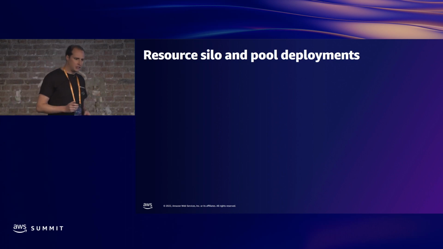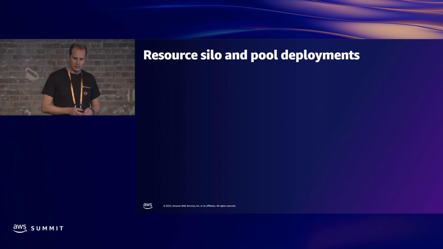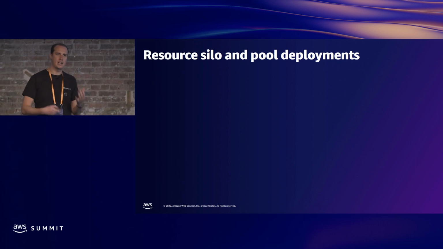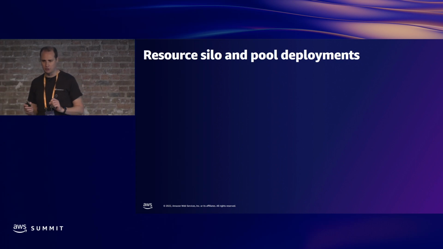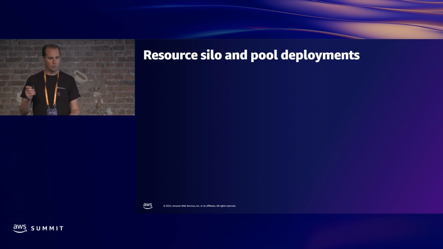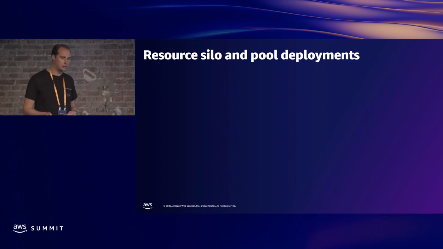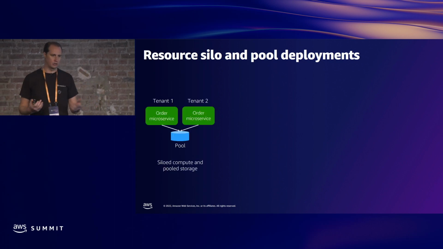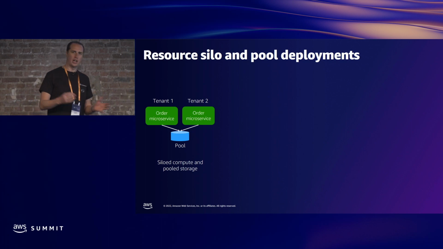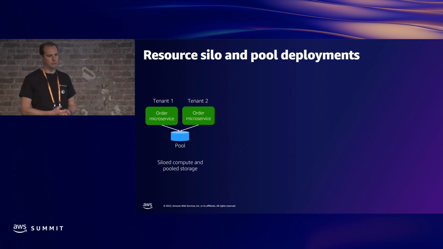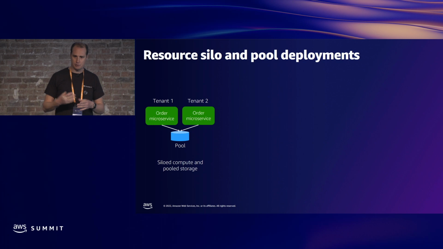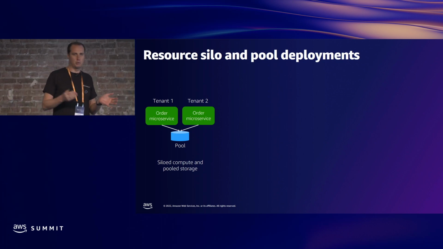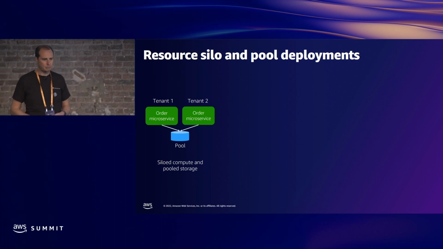It's not always that your application is only pooled or only siloed. You can do a mix and match, and you really have to look at the services that you're going to deploy to choose which type of deployment model to use. For instance, you can have a service like the order service over here, which is siloed compute, because for certain requirements maybe there is some customization in play. But you have it with a pooled storage.